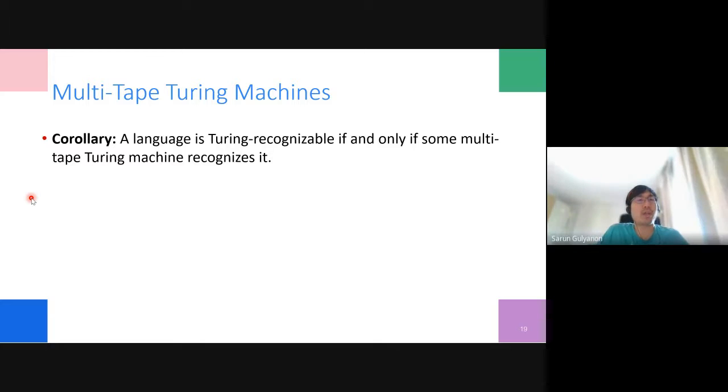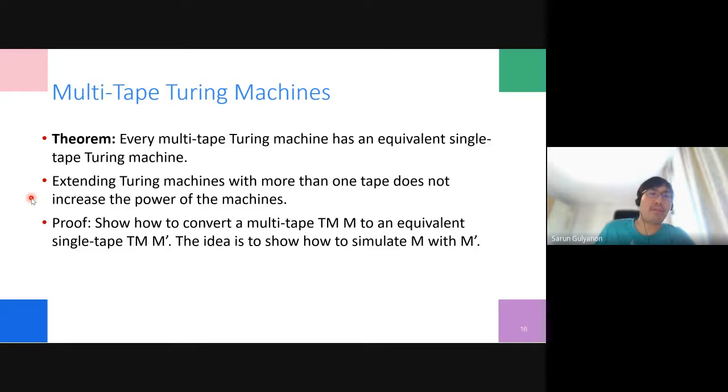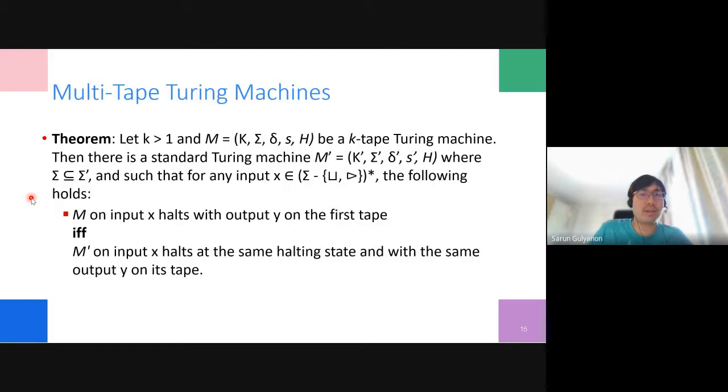With that theorem, it leads to this corollary: a language is Turing recognizable, or semi-decided by a Turing machine, if and only if some multi-tape Turing machine recognizes it. This is just from the previous theorem.